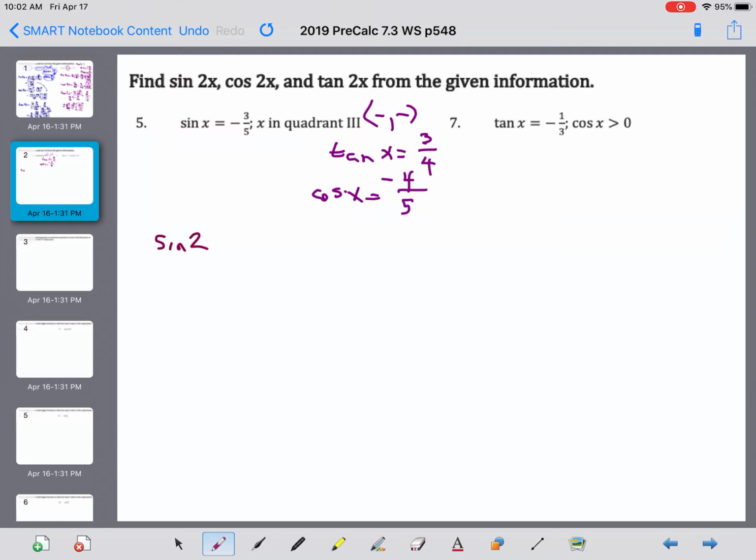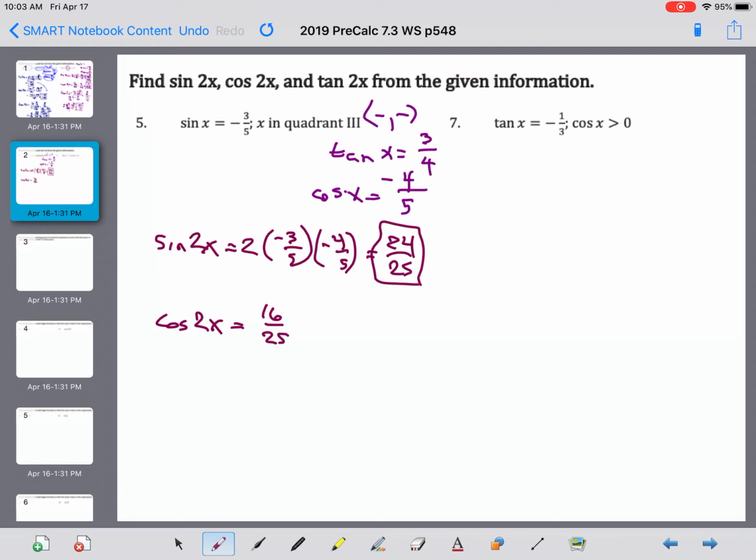So sine of 2x equals 2 times -3/5 times -4/5, which is positive 24/25. The cosine, again, I'm going to use the squared version, so I square cosine, which is 16/25 minus 9/25 equals 7/25.